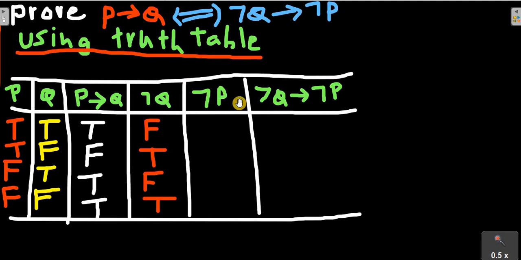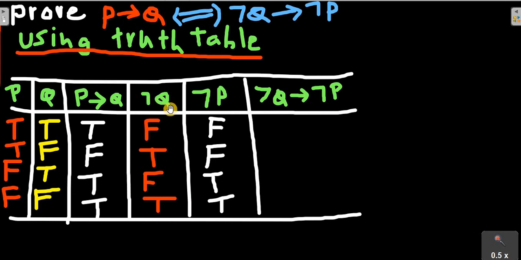Now the negation of P, in a similar way we have to find out. So the negation of P is false, false, true, true. The negative of this we have to write here. So we have false, false, true, true.